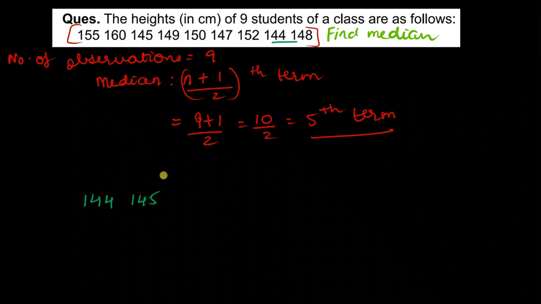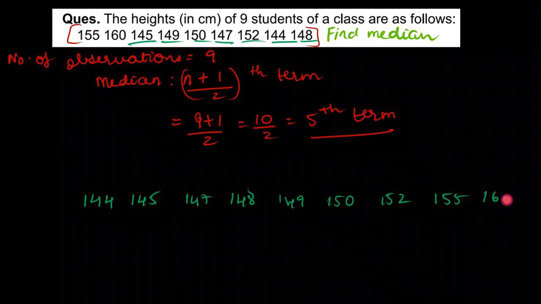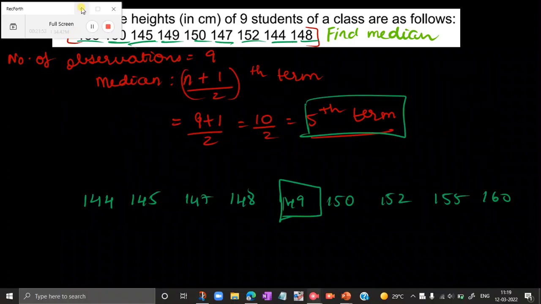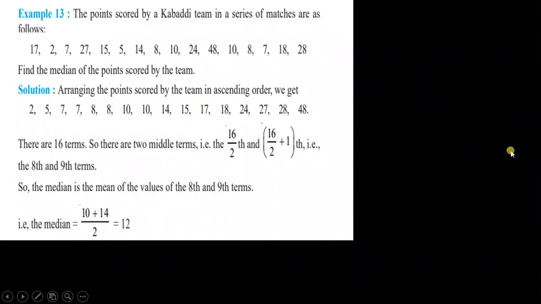First of all, 144 will come, then 145, then 147, 148, 149 and 150, 152, 155 and 160. So this is in ascending order. Now the fifth term in this order will be what? 1, 2, 3, 4, 5. So therefore 149 will be the median of this particular data.